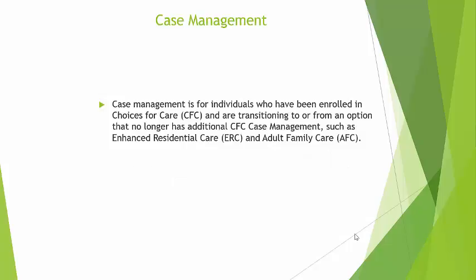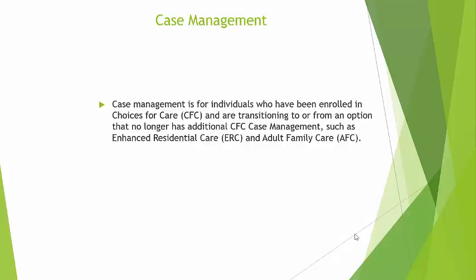So individuals who were already enrolled in Choices for Care and living in another home-based option, such as using flexible choices, a budget, or using traditional home-based services, and then choose to move to an adult family care home, these individuals currently would have case management.